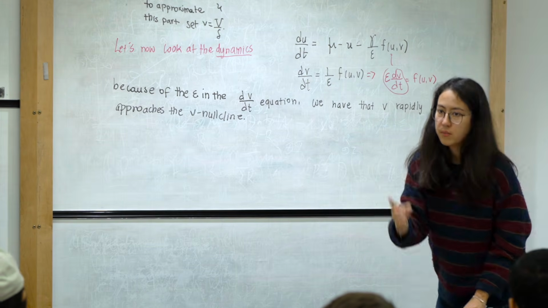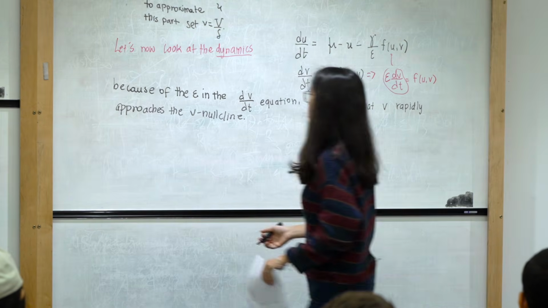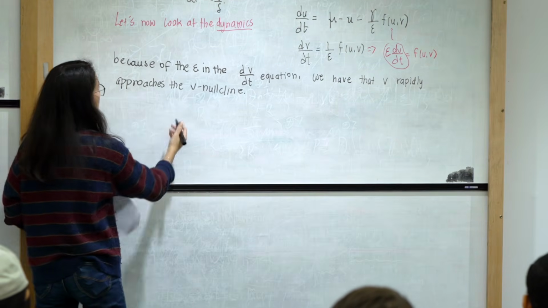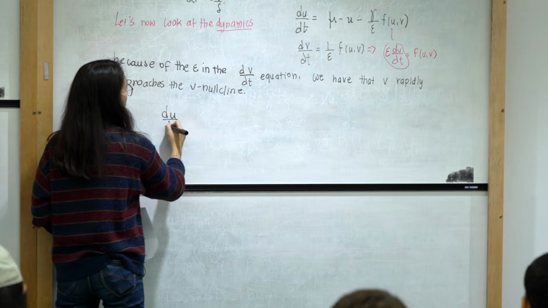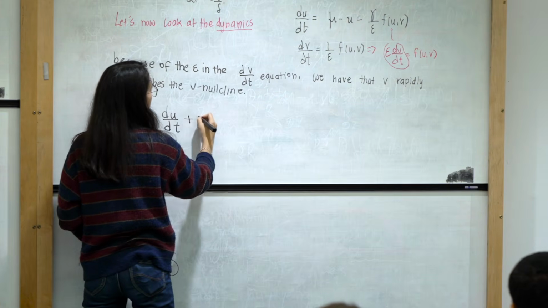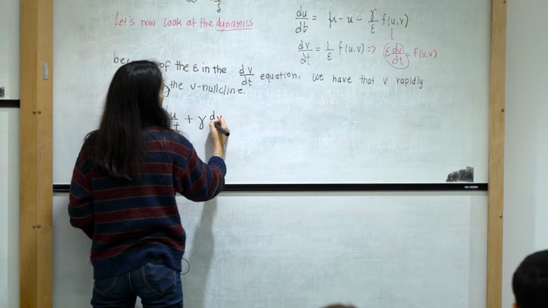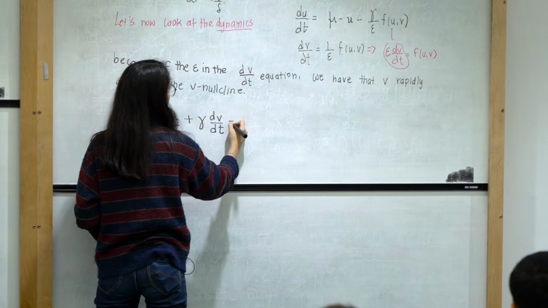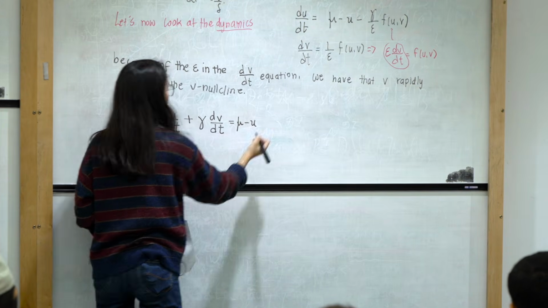So I'm going to have a combination of u and v together in one equation. This gives me du dt, and if I bring it to the other side, it's going to be plus gamma dv dt. The epsilons cancel, and I'm left with this, correct?